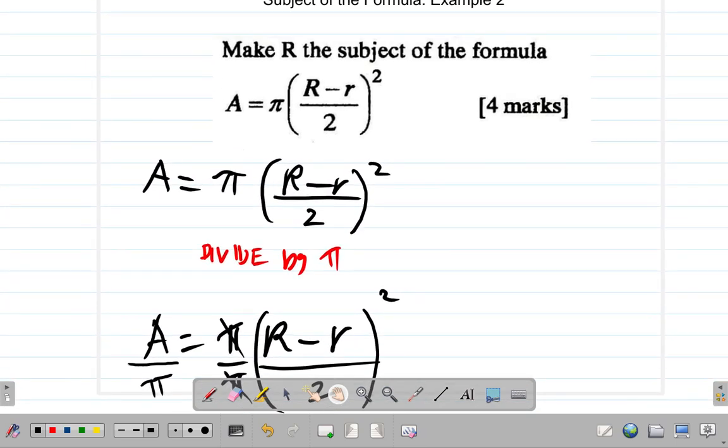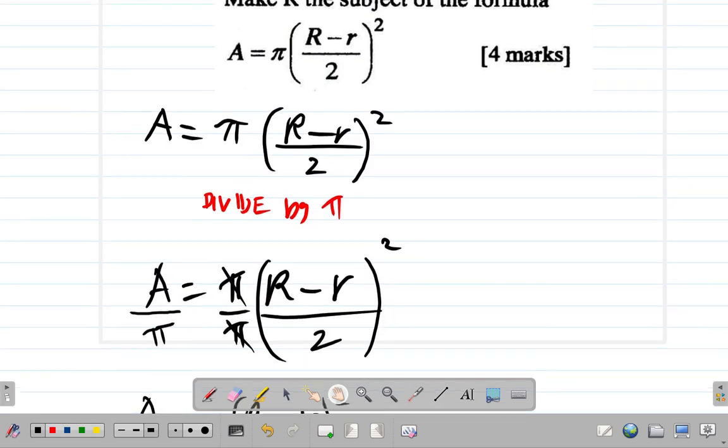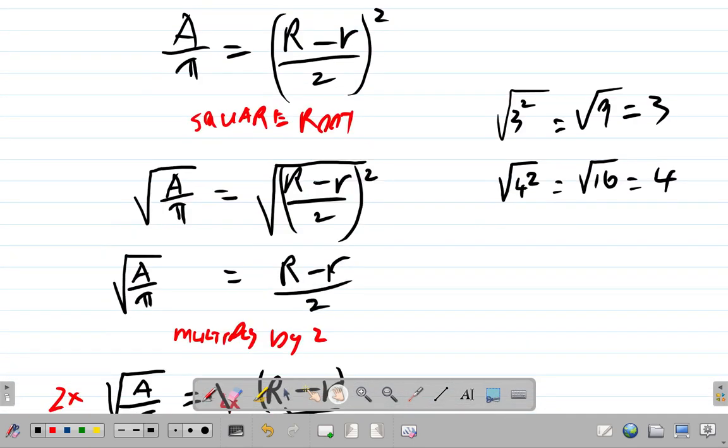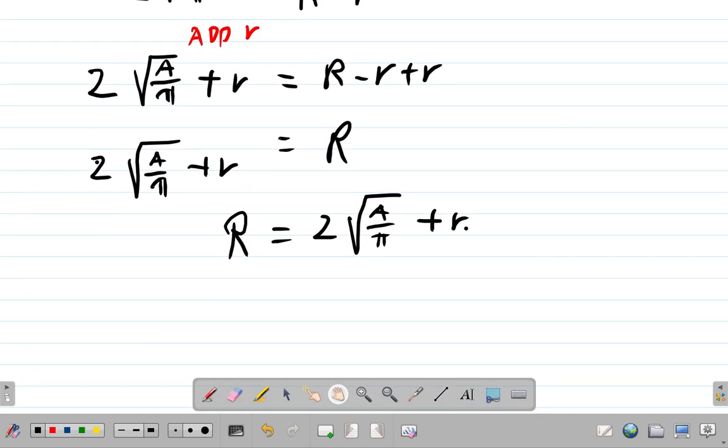So if you need to, what I want you to do is try again and see how it works. Now remember, depending on how you work it out, it could also be written as 2 square root of A divided by square root of pi plus small r. It could be that. Alright?